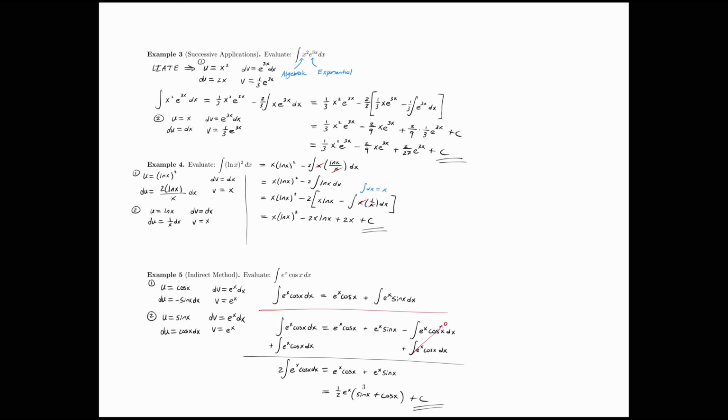Well, it's like we traded twice, landed right back with this same ugly integral, but because there was the sign difference here, we were able to add it to the other side and actually solve for it. So it kind of feels like we cheated, but we really didn't, because integration by parts in and of itself does involve integration. We did integrate from here to here and from here to here.